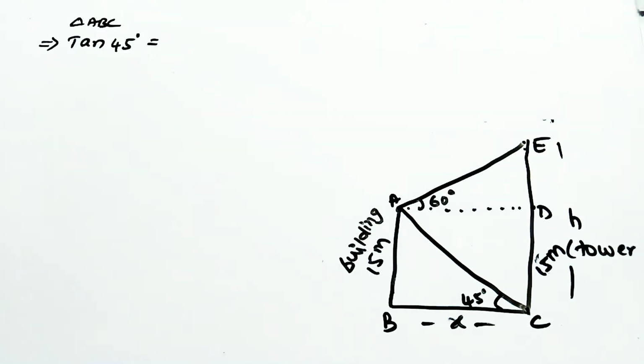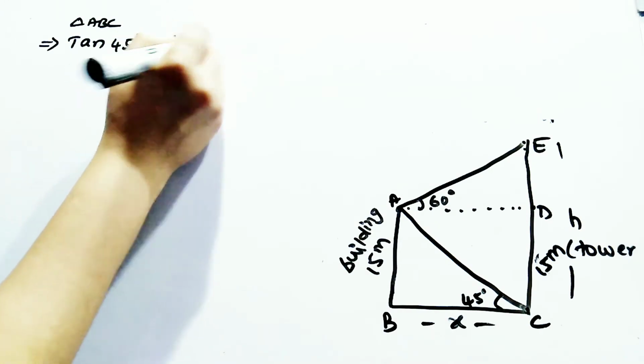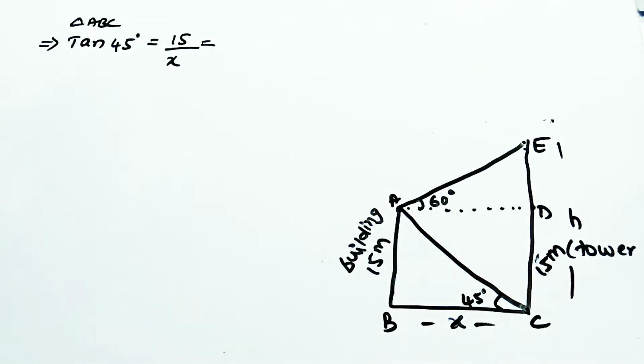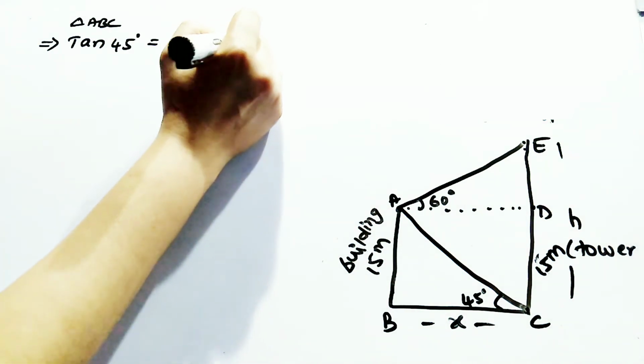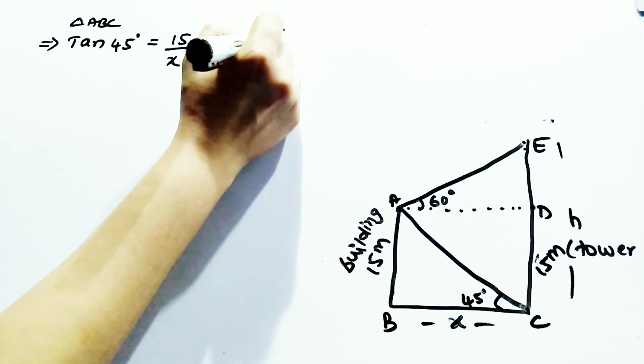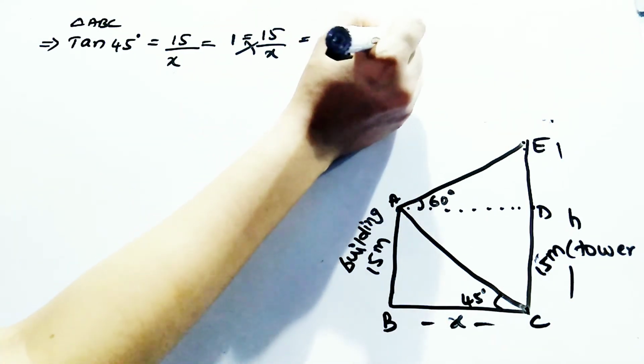What is tan 45? Opposite by adjacent. Opposite is your 15 meter, adjacent is X meter. The value of tan 45 is 1. 1 equal to 15 by X. Just cross multiply, you will get X equal to 15 meter.